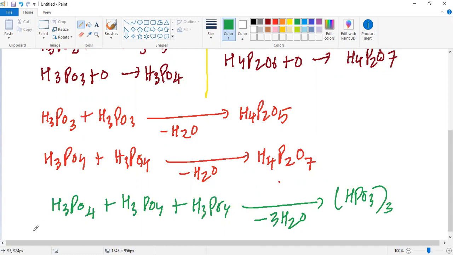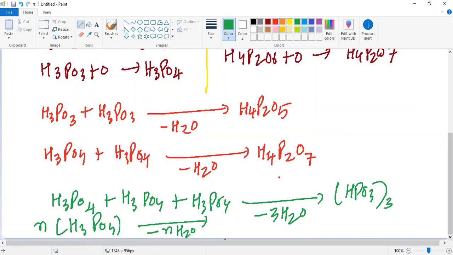And if you have n number of H3PO4, my dear students, then by the removal of n water molecules, we can get (HPO3)n, which is polymeta.